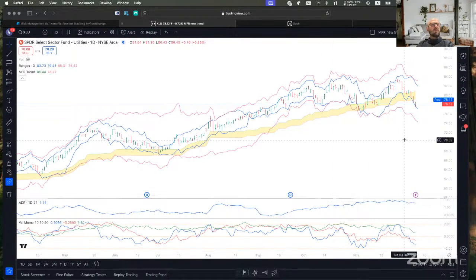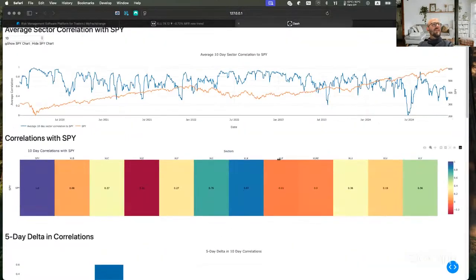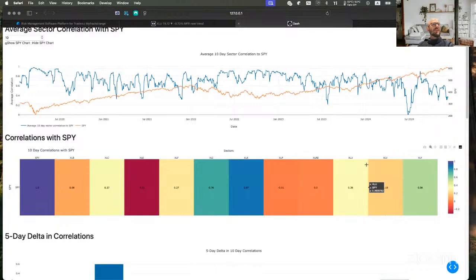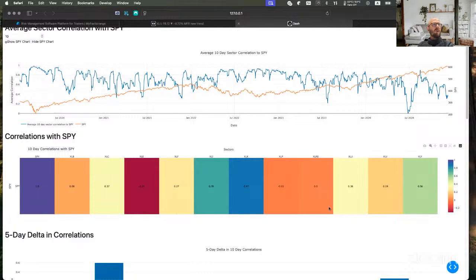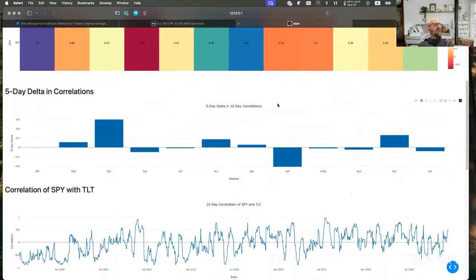So how I monitor that, how I use that, if not trading, because first of all, what is a good sign is that XLU correlations to SPY are not going up. So 0.36, which is positive and quite normal for that. But delta, I monitor usually 5-day delta and correlations, how correlation is changing.